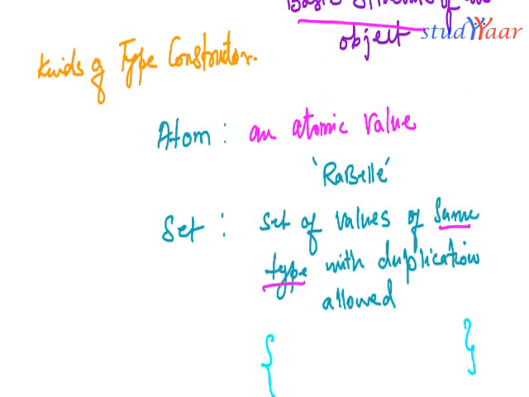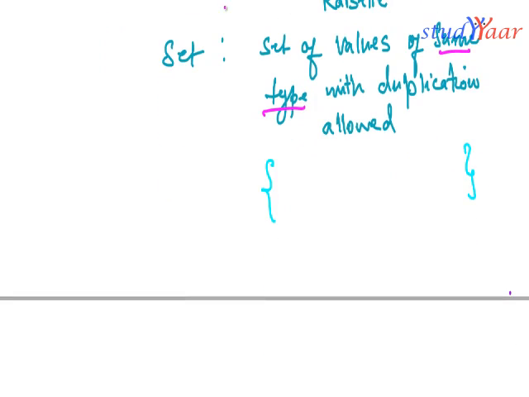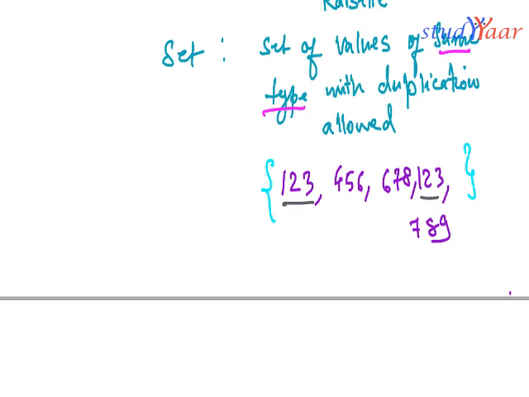Let me give you an example. Let's suppose I can have values like 1, 2, 3, 4, 5, 6, 6, 7, 8. Then I can again have 1, 2, 3, and I can have 7, 8, 9. This is allowed because this is a set.